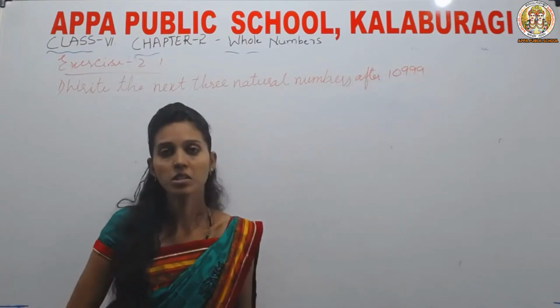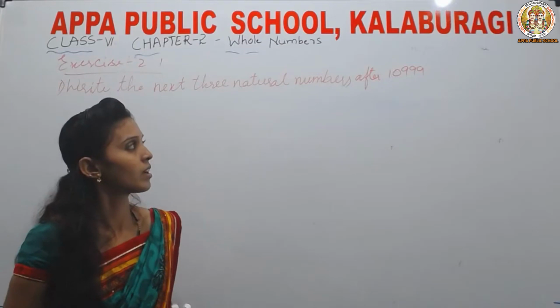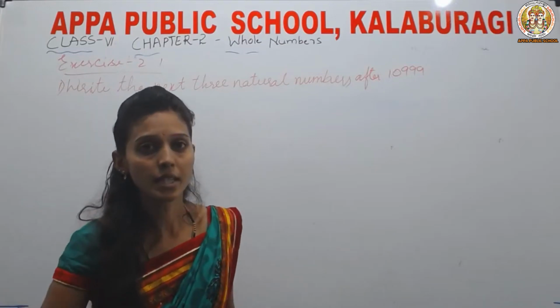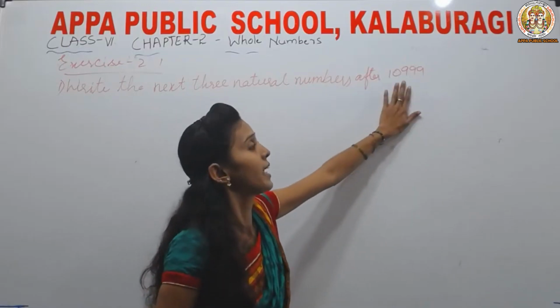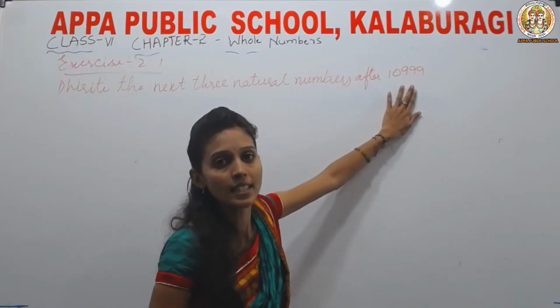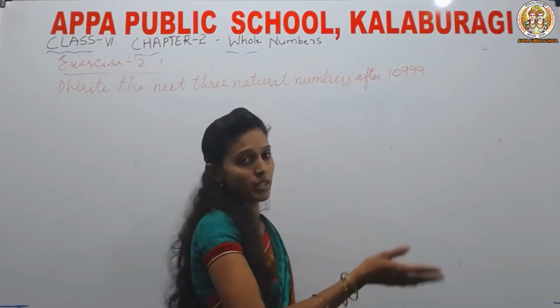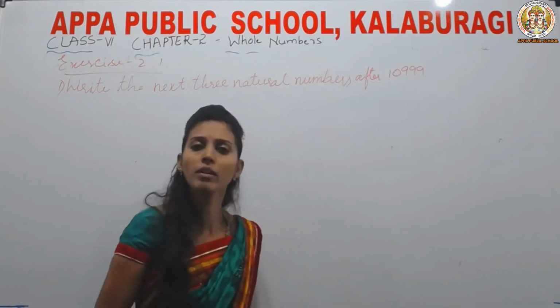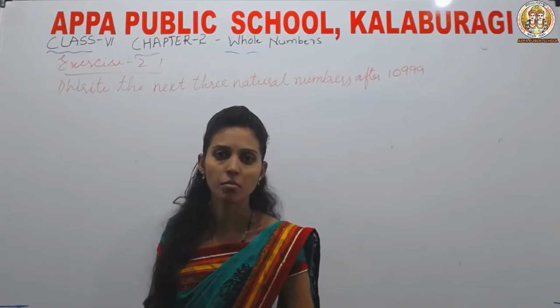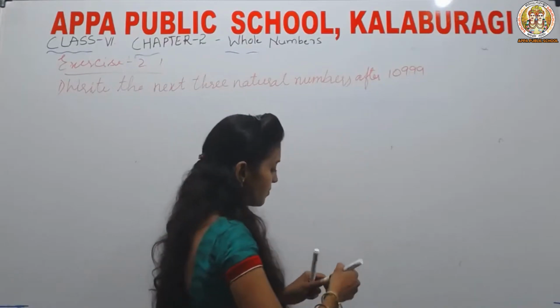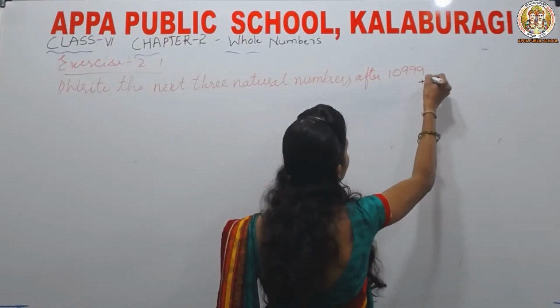After 10,999. Afterwards means the number which comes soon after 10,999. How will we find the number? Just go on adding 1, 1, 1. You will get the next numbers, right? If I add 1 here, what will I get?